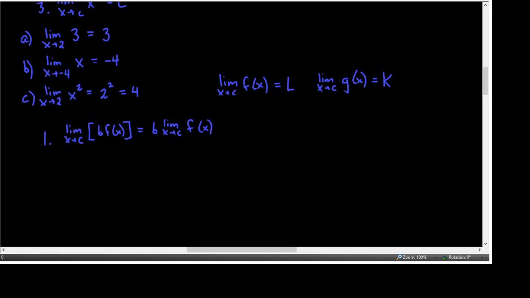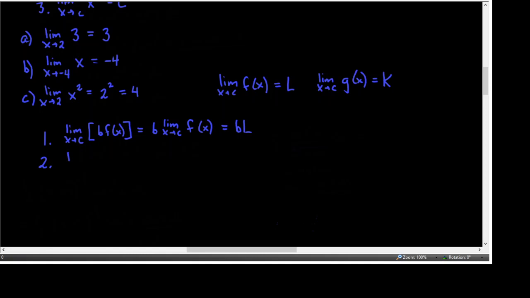So in other words, that constant b can be brought out in front of the limit. And then, of course, we're told above that that limit is equal to L, so this is b times L. Okay, so that's one of the properties of limits, a scalar constant multiplier can be brought out in front of the limit.